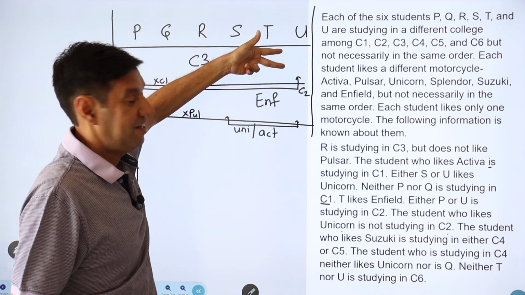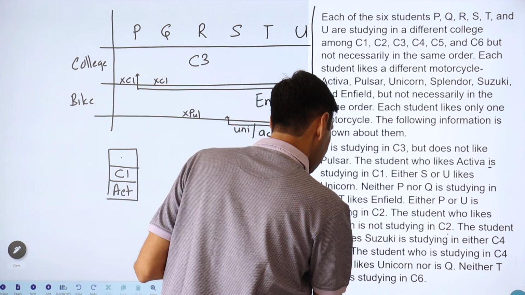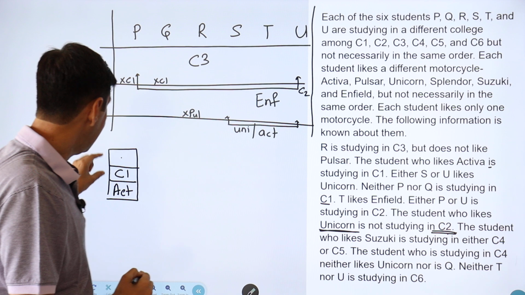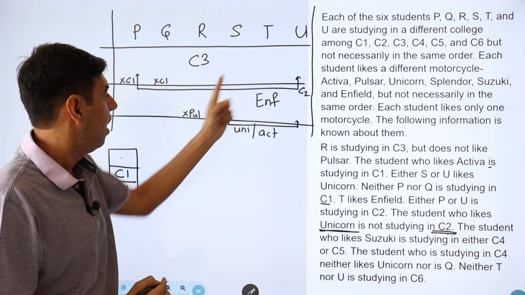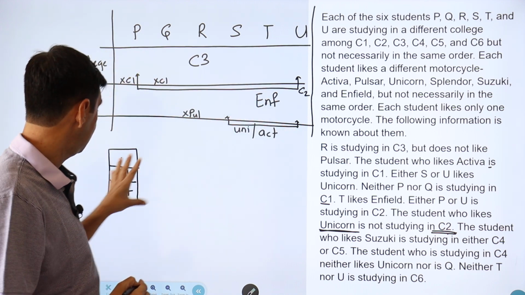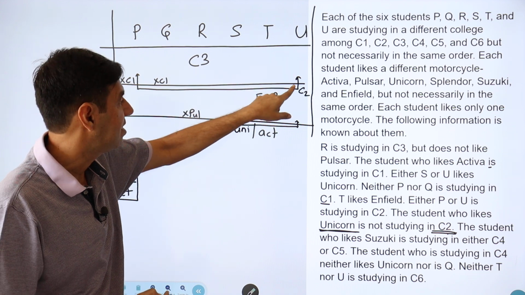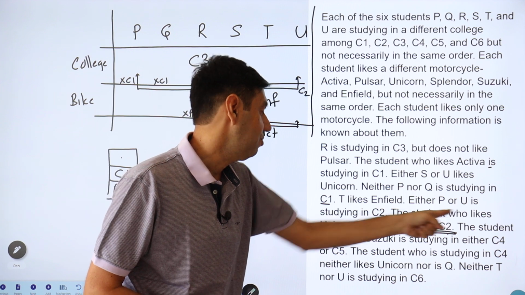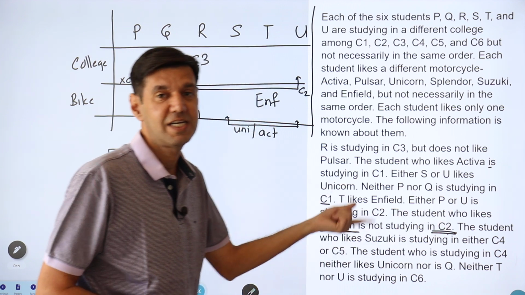If this is C2, the student who likes Unicorn, so see here, Unicorn is there, C2 is there, and that is what we are still talking about. A Unicorn will come here or here and this block will go to the other place. C2 and Unicorn are not together. The student who likes Unicorn is not in C2.